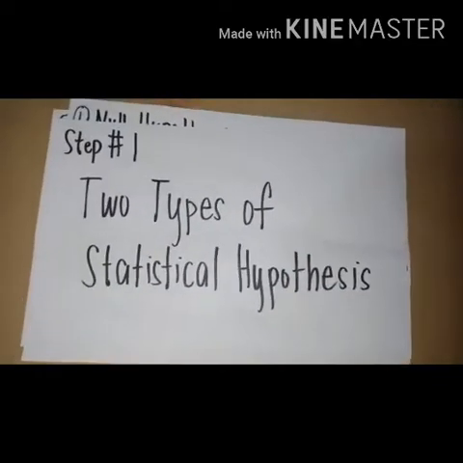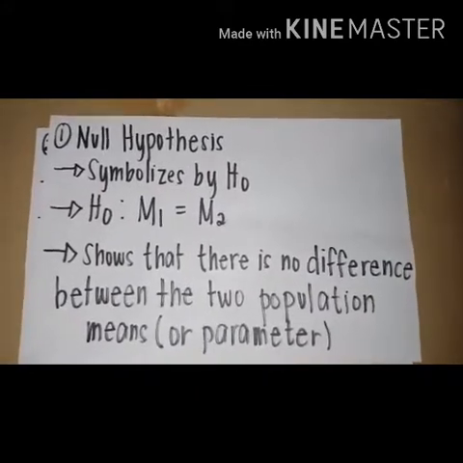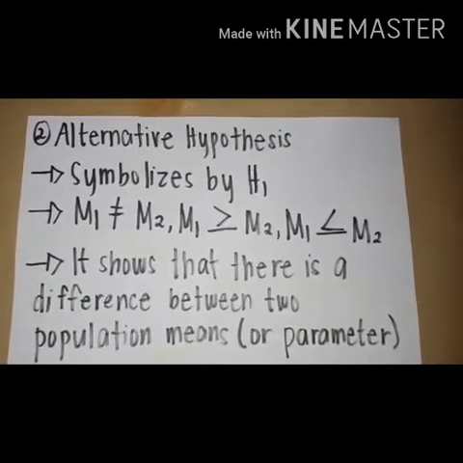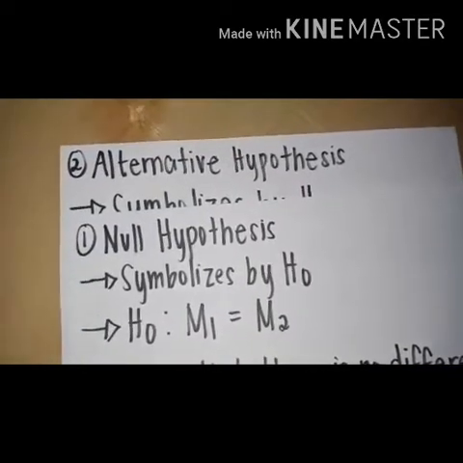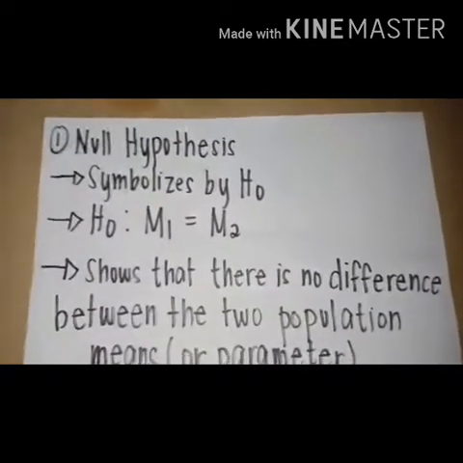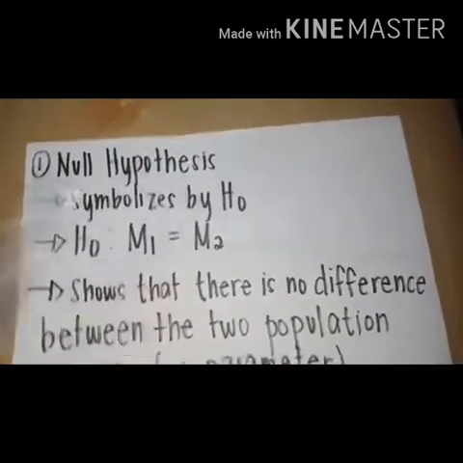Step 1. 2 types of statistical hypothesis. First is the null hypothesis. Second is the alternative hypothesis. So what is the difference between alternative and null hypothesis? In null hypothesis, it symbolizes H sub 0.